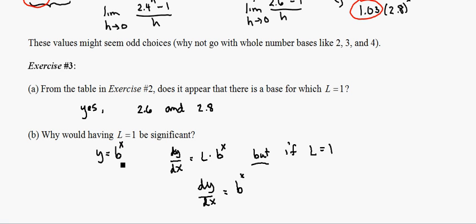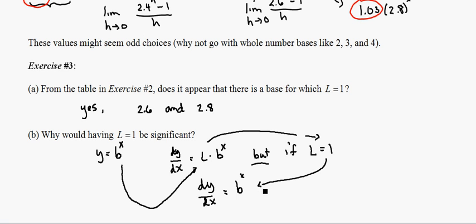So if I can find this magic number that gives me that limit to be 1, then I've found an exponential function whose derivative is itself. By the way, as a bonus, the second derivative would also be itself, and the third derivative would also be itself. That's just amazing.